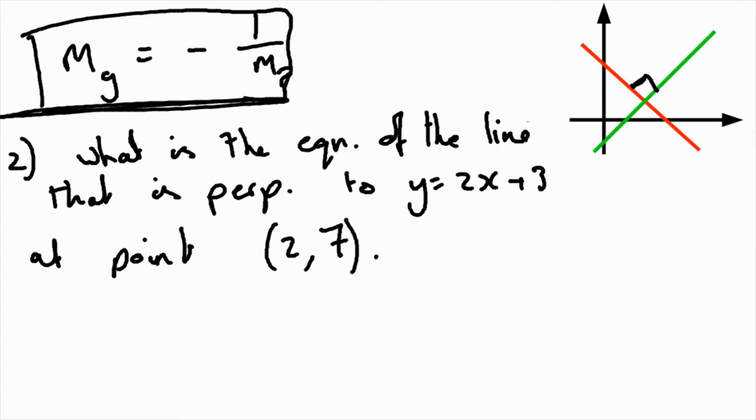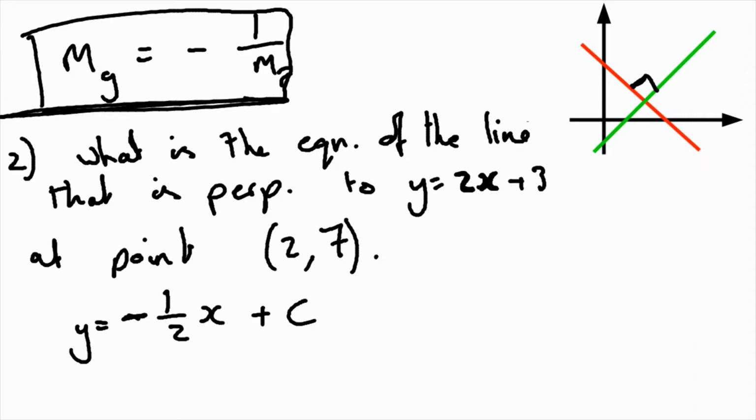Now this is a bit more restrictive than our last question, but we're going to approach it in the same way as we started last time. Gradient of this line is going to be negative 1 over 2, because it's the negative reciprocal of our other line.